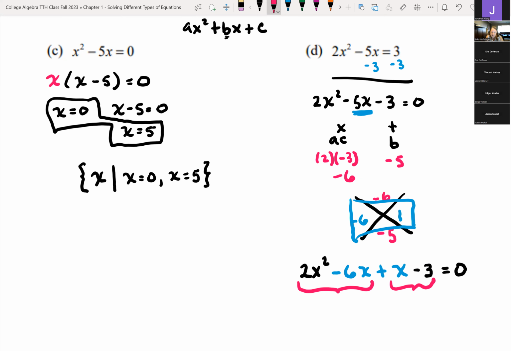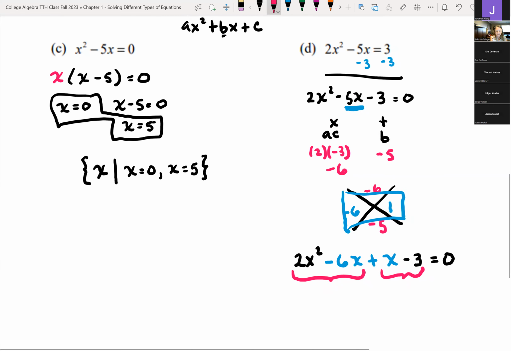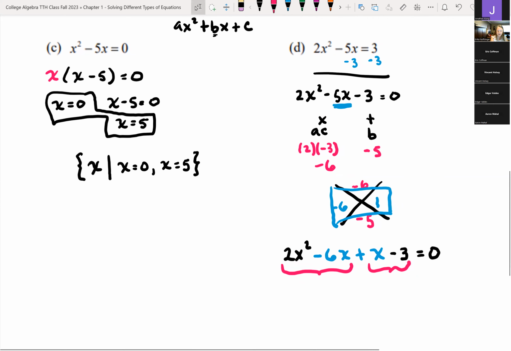You group the first 2 terms and the last 2 terms together, and then factor out what is in common for the first 2 terms. Looking at 2x squared minus 6x, my coefficients 2 and 6 both have 2 in common. So I'm going to pull out a 2 from both of those terms.